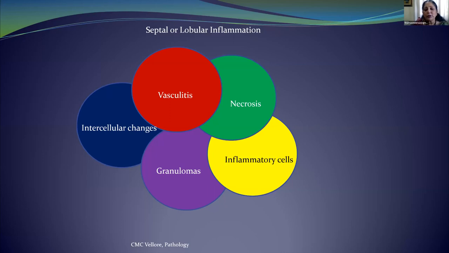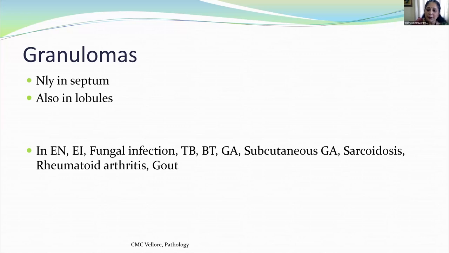The next thing you look for is granulomas. Usually granulomas are seen in the septum, but they can also be seen in the lobules. There are a whole host of infective and non-infective etiologies which can have granulomas and can be seen as panniculitis. I've just listed a few of them which are commonly seen, but if you look at the textbooks, you'll find a whole host of them.